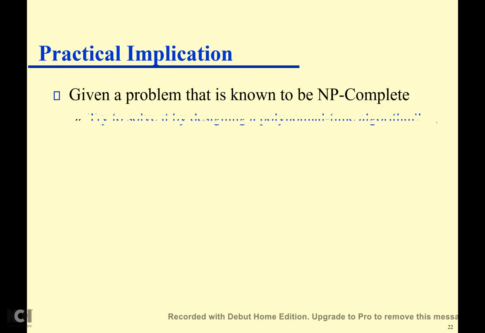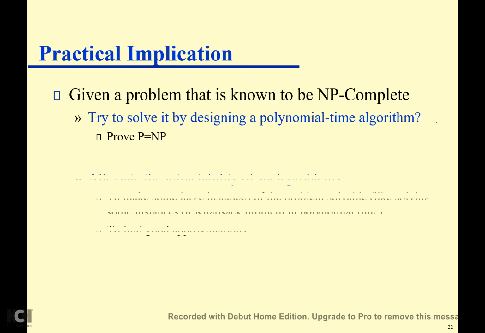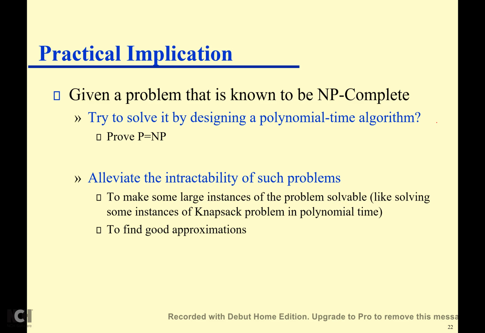Practical implication: given a problem that is known to be NP-complete, you should not try to solve it by designing a polynomial time algorithm. Sometimes people really want you to solve that, and we say we would like to find a solution close to optimal. Although there is no polynomial time runtime to find the optimal solution, we could have polynomial time to find a solution very, very close to the optimal result.